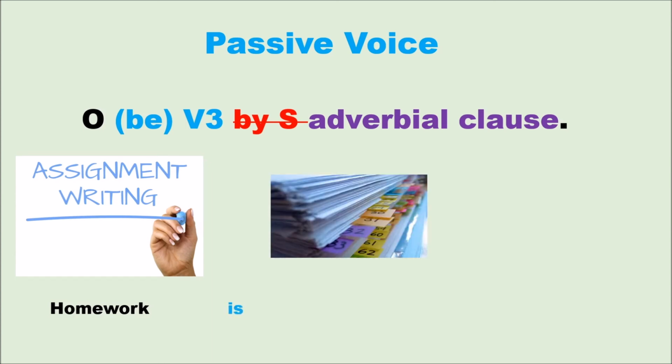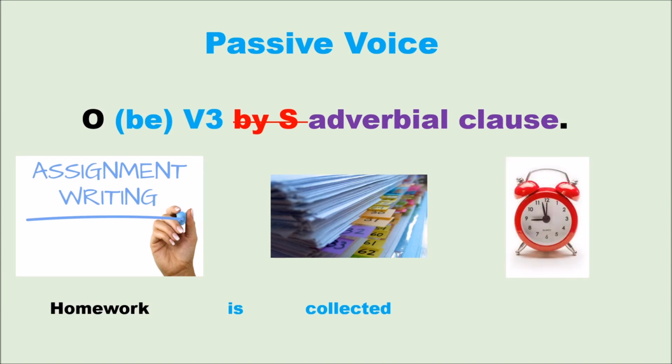Collect. Collect was the verb, and what's the verb 3 form for collect? Collected. Collected, yes. This is what's called a regular verb. Regular verbs have the same form for verb 2 and verb 3. The past and past participles are the same. Now we're going to delete by plus subject and just add the adverbial clause, which is before class begins. So the correct sentence is: Homework is collected before class begins.